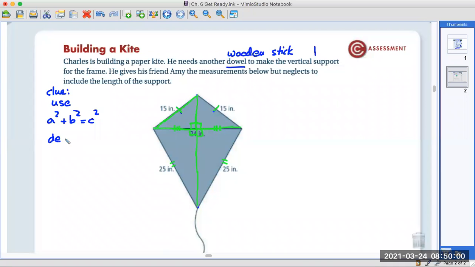Decompose into 4. Decomposing means take apart. 4 right triangles. Those are the clues I'm giving you.